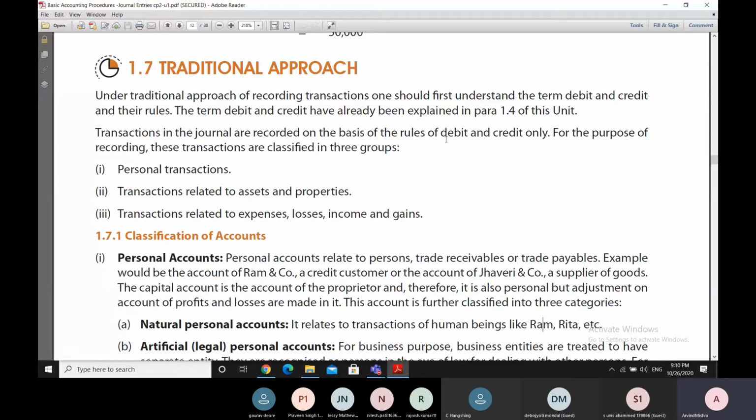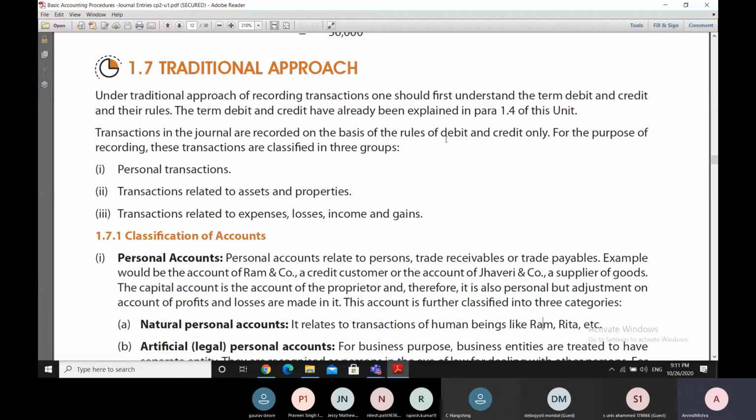So broadly speaking, the transactions are grouped according to whether they are capital in nature, or whether they relate to assets and properties, and whether they relate to the expenses, losses, incomes, and gains. The expenses, losses, incomes, and gains normally form part of the profit and loss and the trading account.